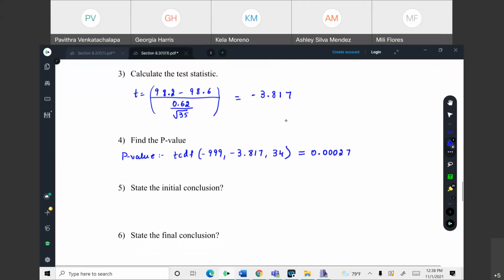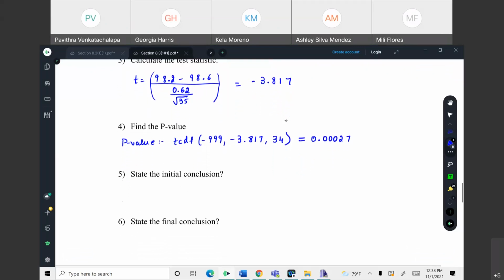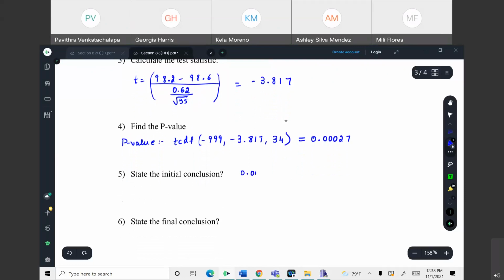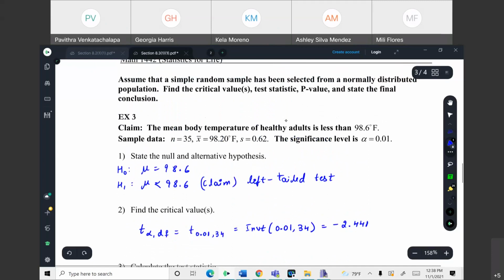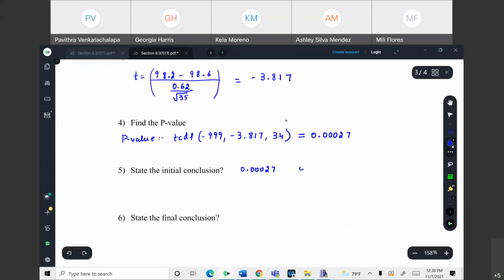Okay. Now that you have p-value, you just have to compare this p-value 0.00027 with alpha. Alpha is your 0.01. So this is definitely less than alpha. So you reject H naught.